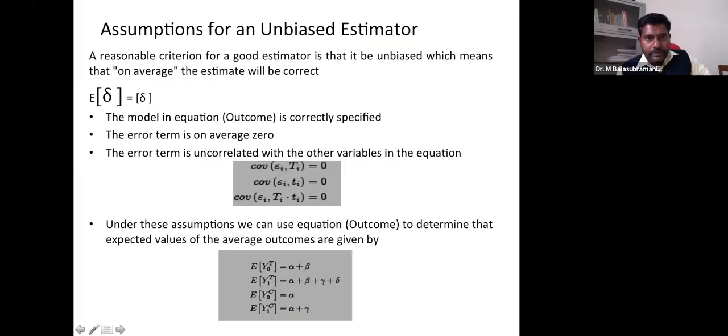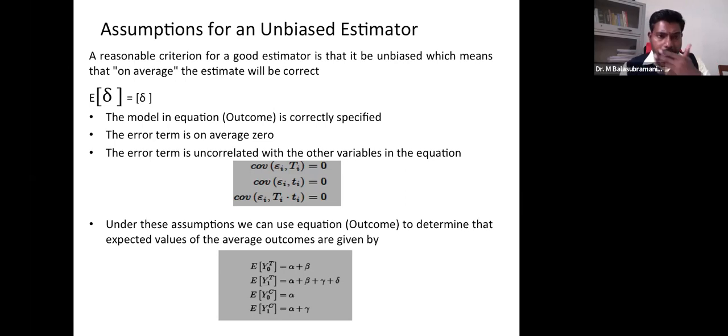See here, the assumption of an unbiased estimator. A good estimator is unbiased, which means the average estimate will be correct, the basic criterion for a good estimate.